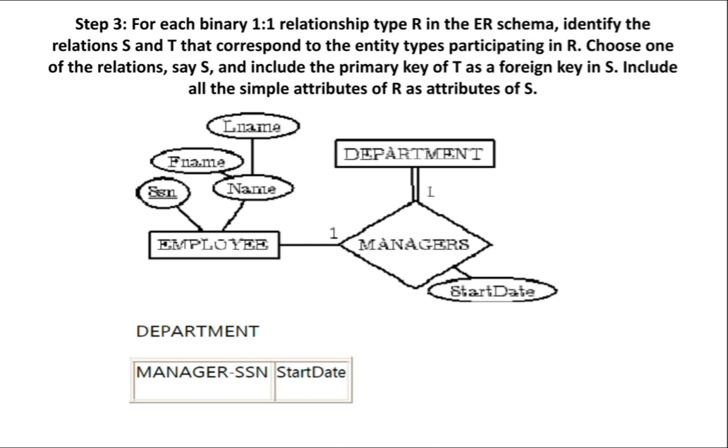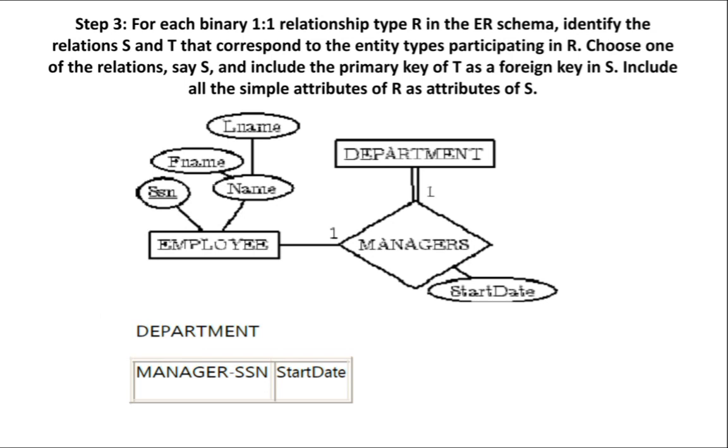So the primary key of the employee is used as the foreign key in the department. See, SSN is the primary key in the employee, but it is used as the foreign key in the department. So just do like that if you come across a 1:1 relationship, right?